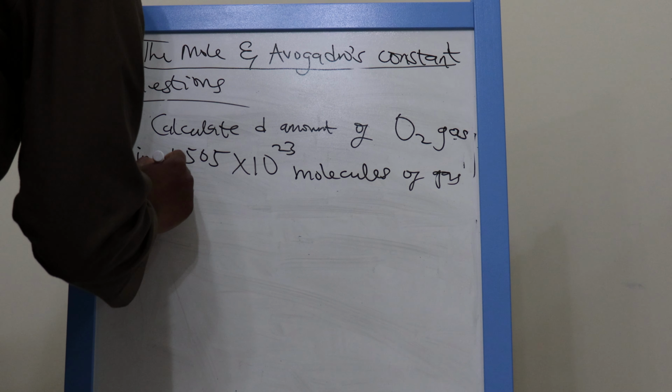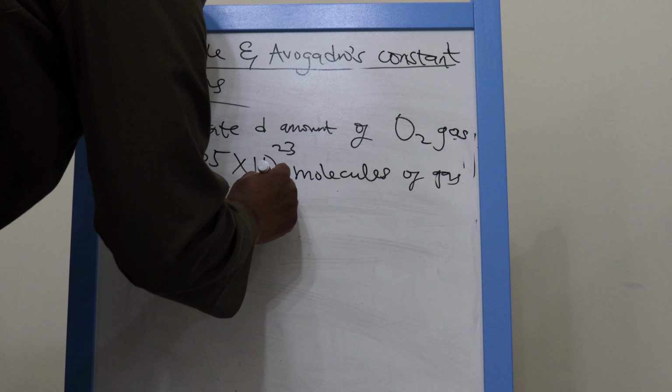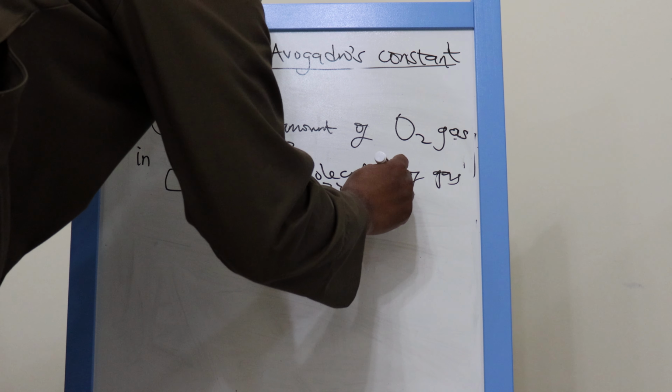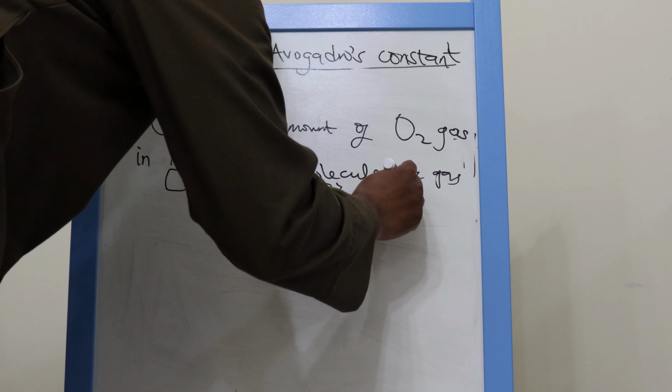And the Avogadro's constant, L, is equal to 6.02 times 10 to the power 23 per mole. That's the Avogadro's constant we are using to calculate.